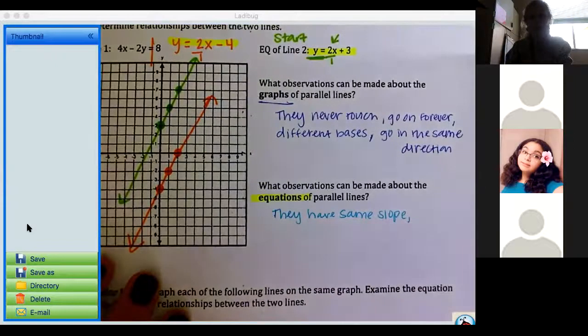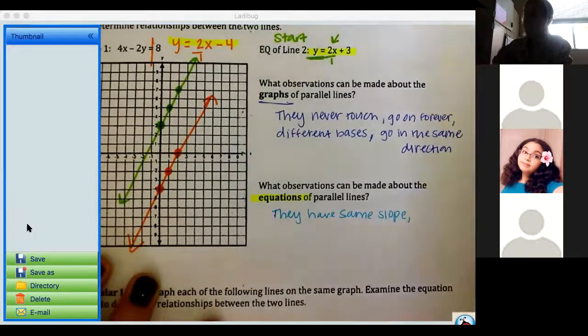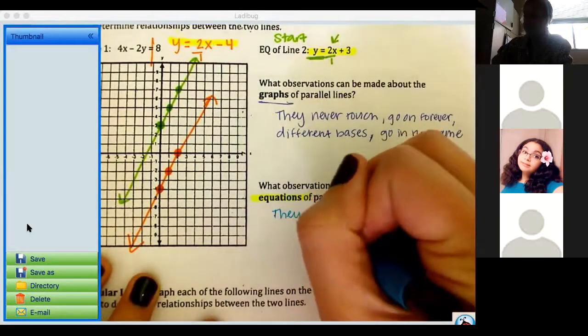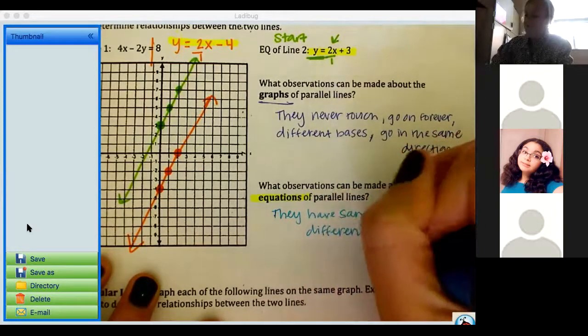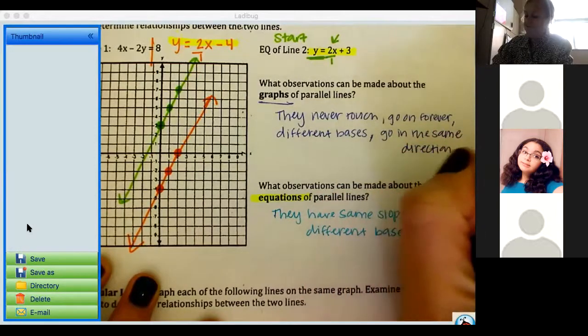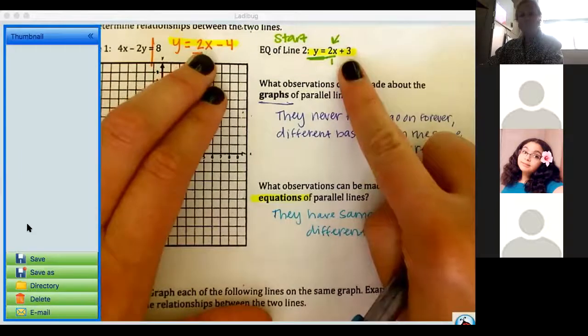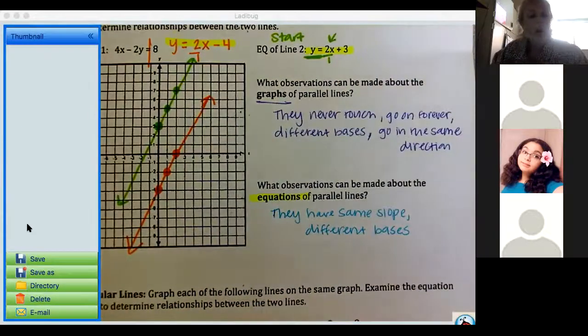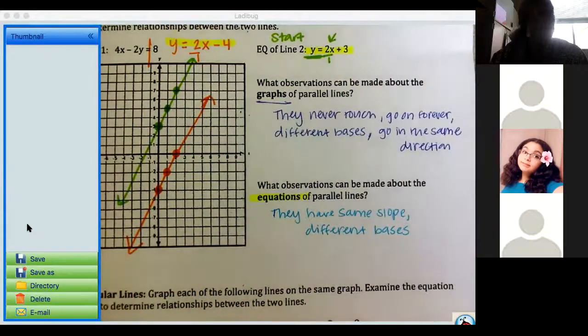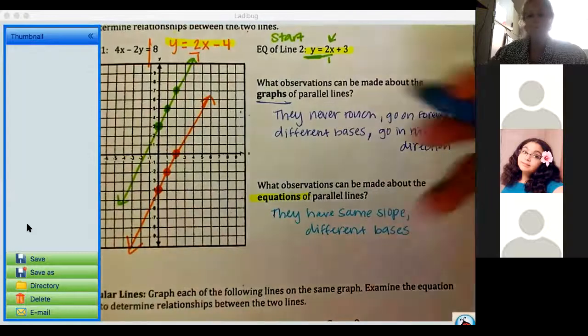People at home, what else do you see? Kamari, what'd you say last time? They have different coordinates, different bases. So they've got the same slope, but different bases. Do y'all agree with that? Yeah. Okay, so what do you think we're going to use today to find parallel lines? Out of all this information, what do you think we're going to use?